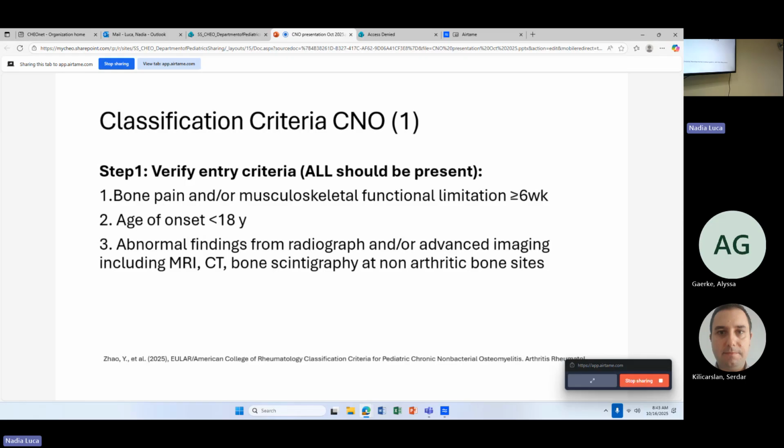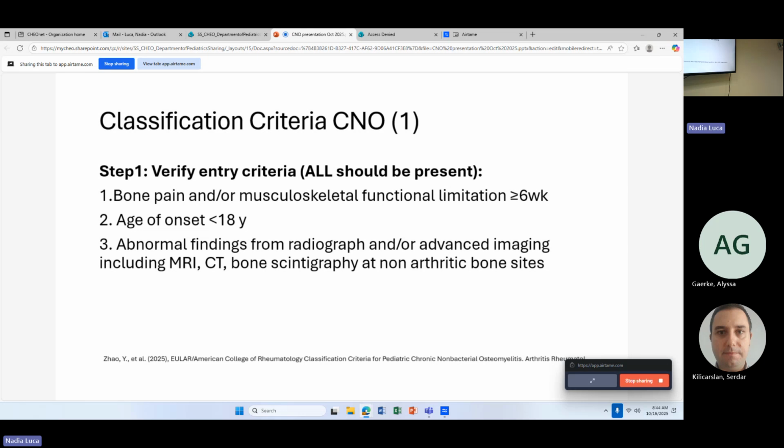We always say they're meant to categorize patients, especially for research, so making sure that they're a more homogeneous group of patients for research purposes, but we do definitely apply them in the clinical sphere as well. And I do think that this particular set of criteria is pretty helpful. So in the first step, you need to verify entry criteria.